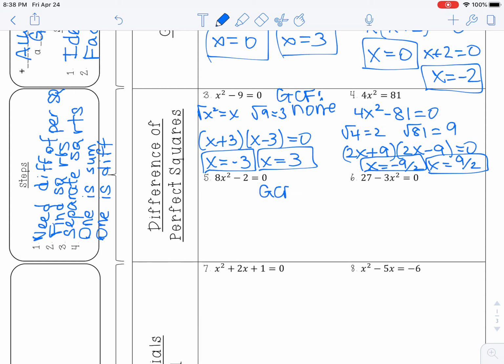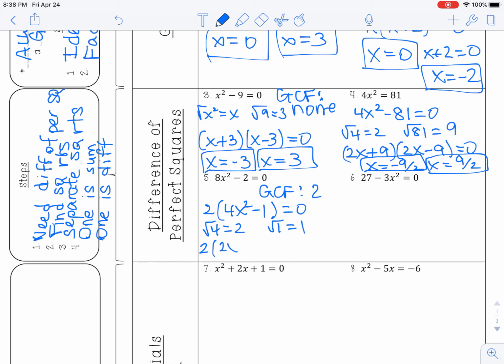In this one, we actually have a GCF of 2. Factor that out. Now we have a difference of 2 squares. Square root of 4 is 2. Square root of 1 is 1.